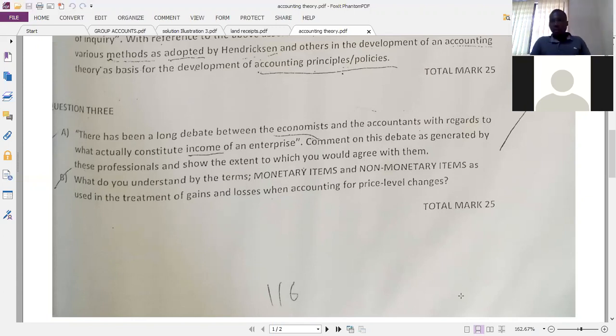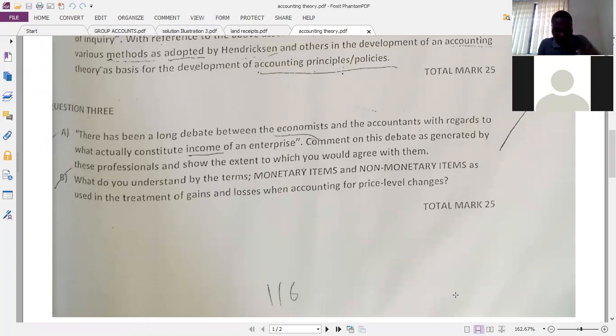So when the accountant is defining accounting income, and you don't talk about the revenue concept, you don't talk about the cost concept, we are out. Accounting income is the revenue concept and the cost concept. That is what we mean.